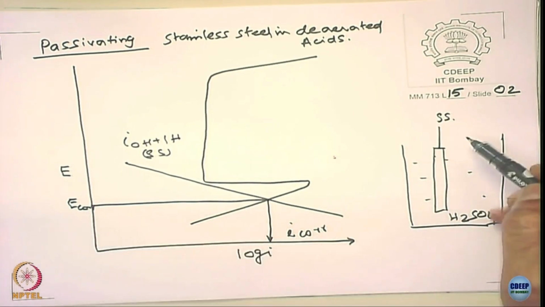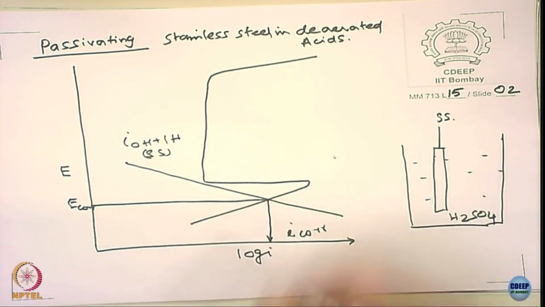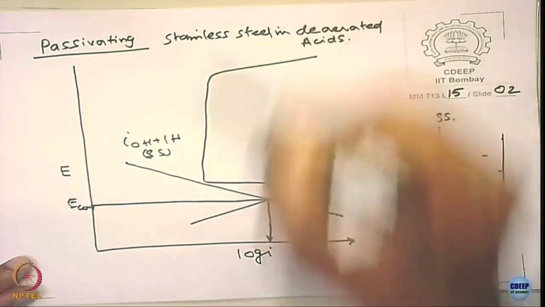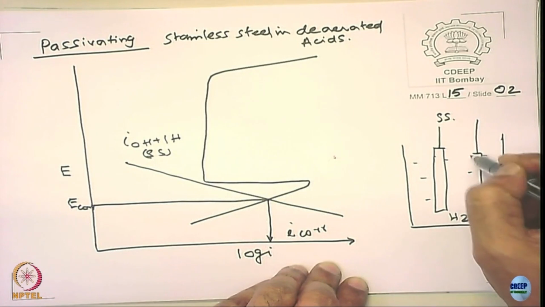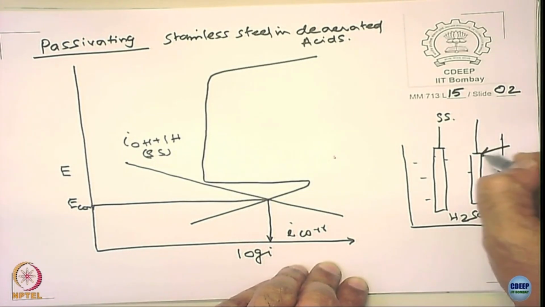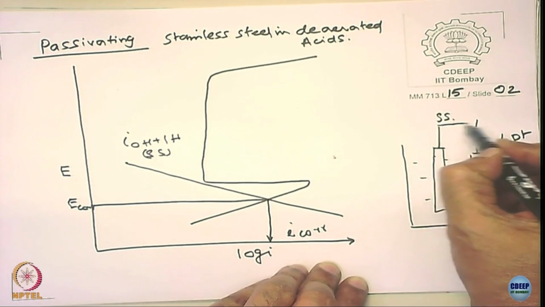If I measure with a reference electrode and I get this Ecorr, and if you carry out a polarization diagram, you get something like this, actually. What I will do is now insert a platinum and I am going to short this.